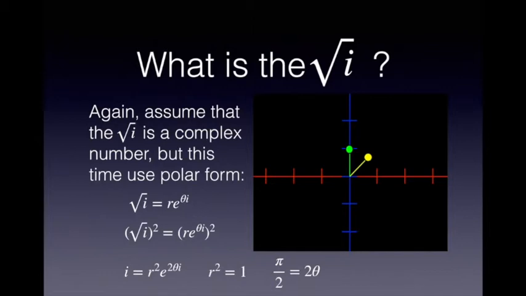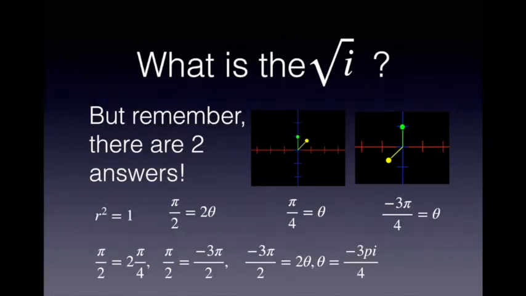So that angle, theta plus theta, has to equal 90, or pi over 2. So that means 2 theta is pi over 2, and theta is just pi over 4. So that is my first answer. Theta equals pi over 4.